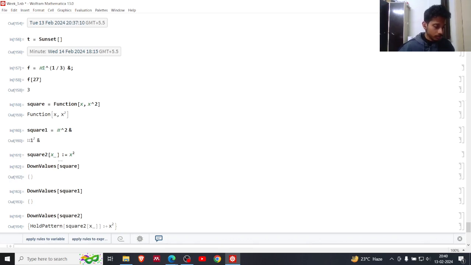So we did this, then here there is nothing defined, but in here it is defined, that is the HoldPattern square of x is this one.